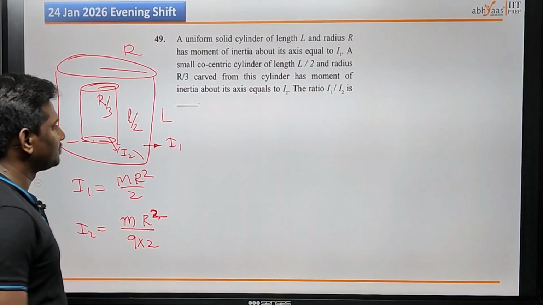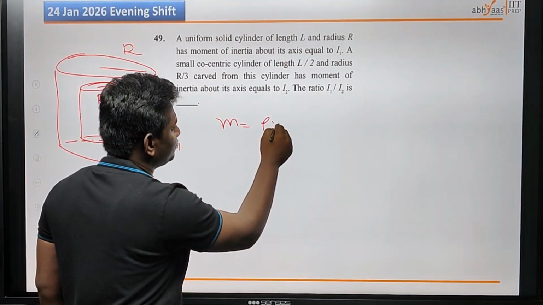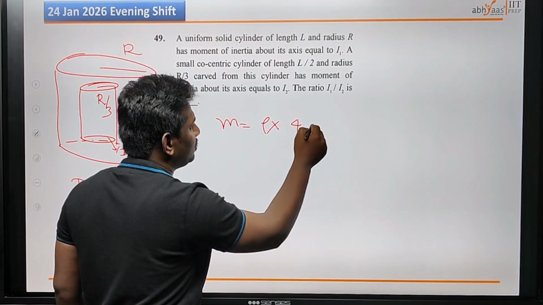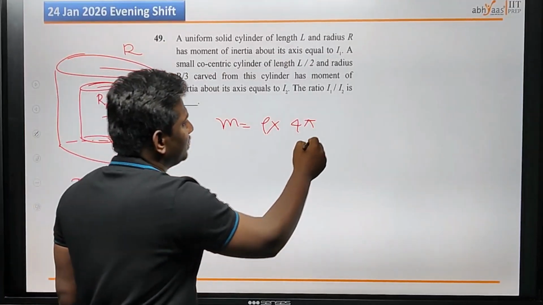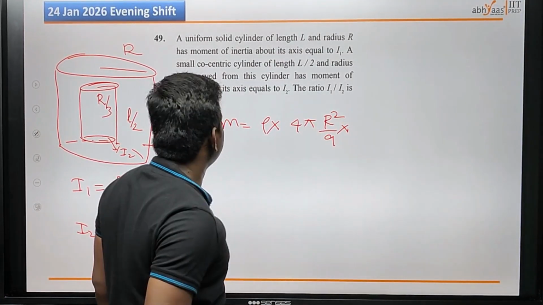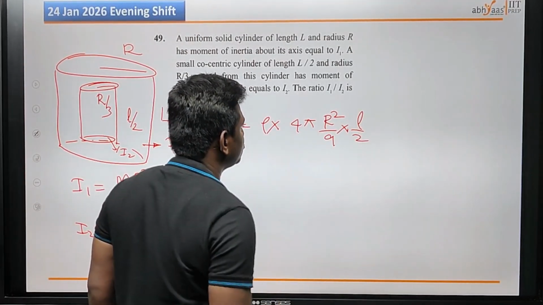What is small m? The mass can be written as rho into volume, that is nothing but rho into pi r square into L. What is r here? R by 3, so r square by 9 into L. What is L here? L by 2.